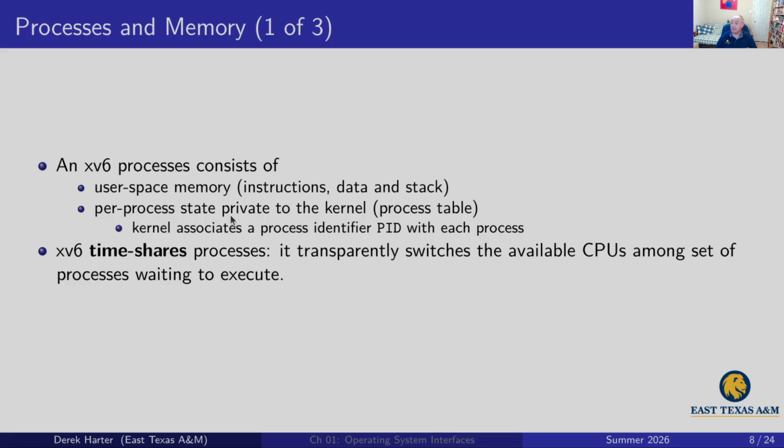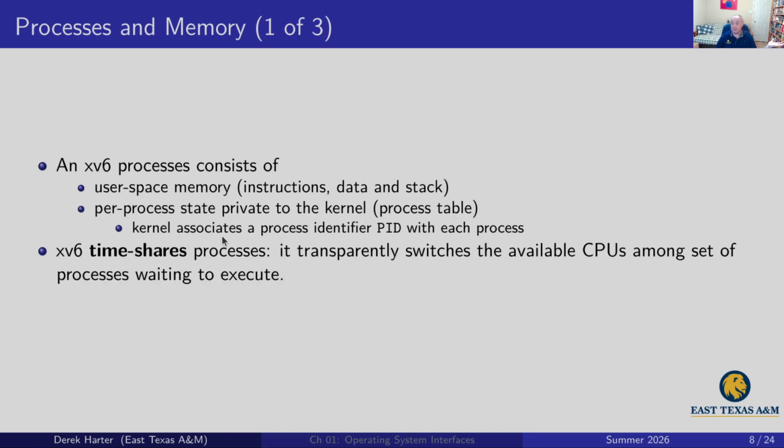And then there are also some privileged parts associated with every process that are owned by the kernel. Each xv6 process has per-process state that's private to the kernel. This is part of the process table that's implemented and managed by the kernel in order to manage all the processes that are running simultaneously.